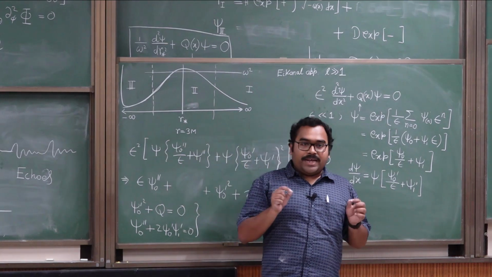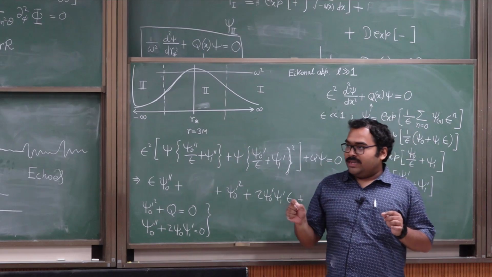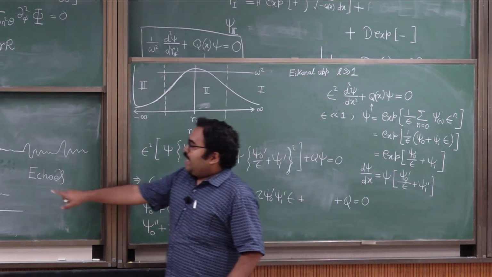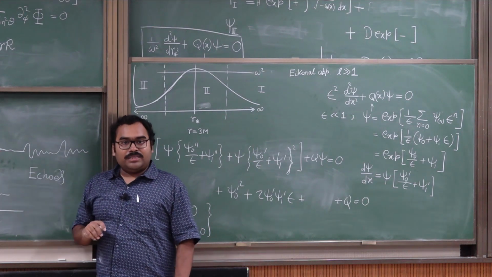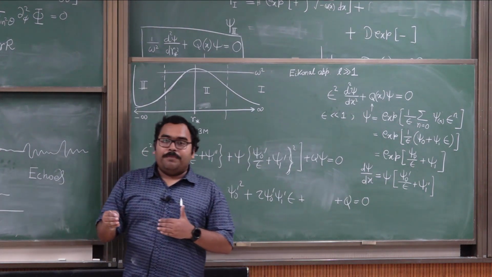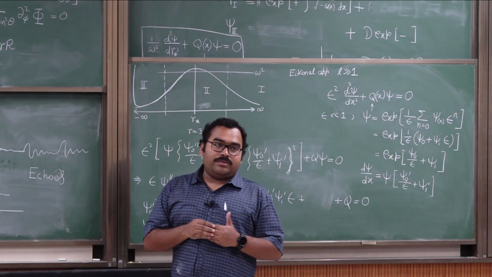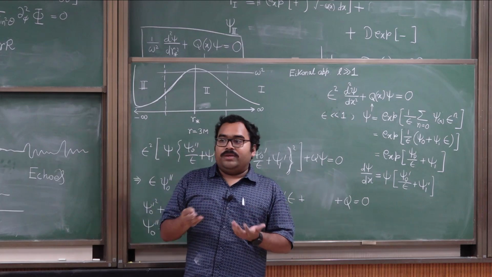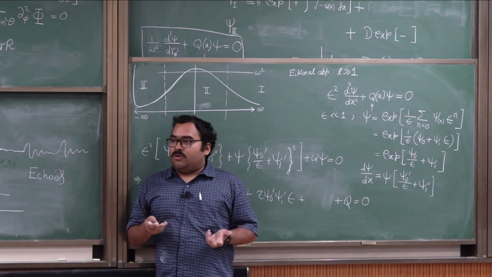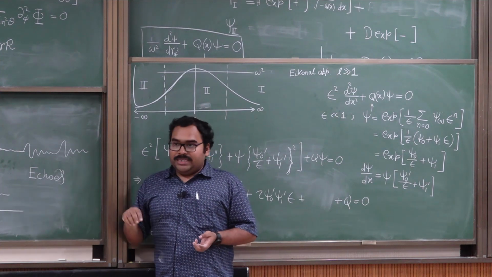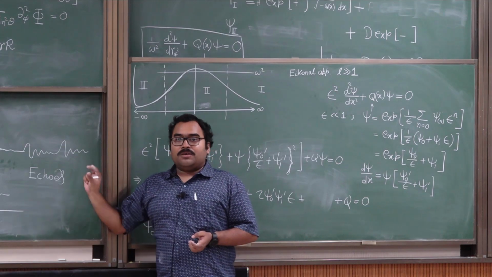That means the values of the QNM frequencies will be different compared to Schwarzschild. And that means you will have a different curve, a different decay time, a different oscillation length scale. Then you can compare it with the data that LIGO has, and using that you can try to constrain these theories and say whether we have some hint of theories beyond GR or not. And this is one of the key tests of GR, as well as, as I mentioned, one of the key tests of black holes.